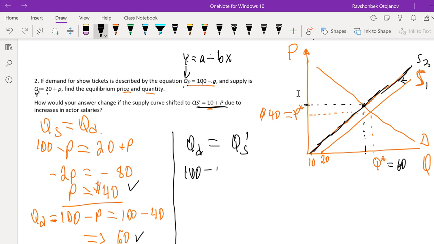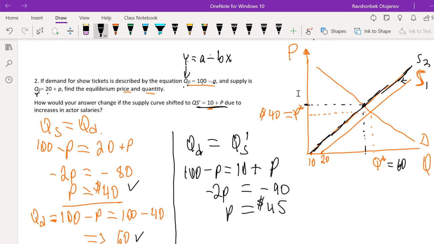So that's 100 minus P equals the new supply, 10 plus P. Now moving P's to this side gives us 2P equals 90. Or you can simply take away P from both sides and take away 100 from both sides at the same time. P would then be $45, so that's the ticket price.